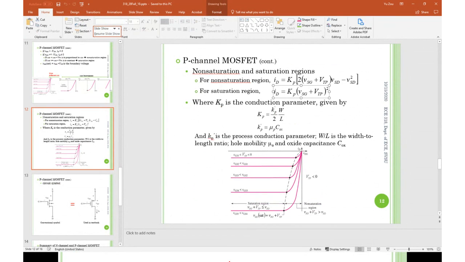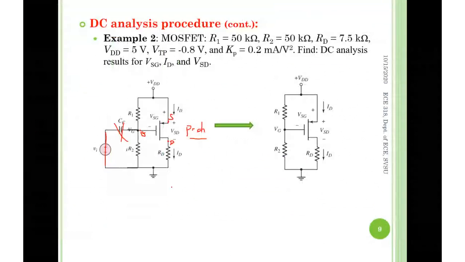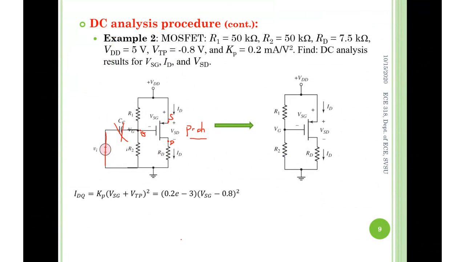You have to make sure you're applying the correct formula: ID equals Kp times (VSG plus VTP) squared. This equation we definitely use for P channel, saturation. And we know ID equals IS. It's already labeled here.